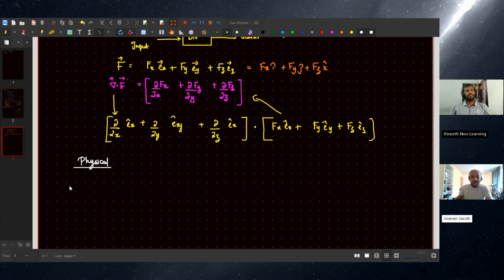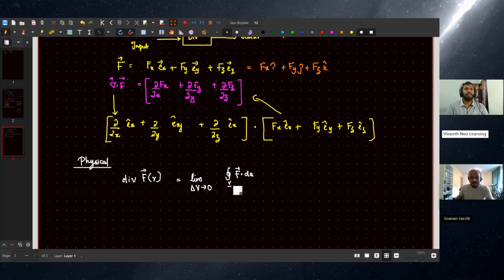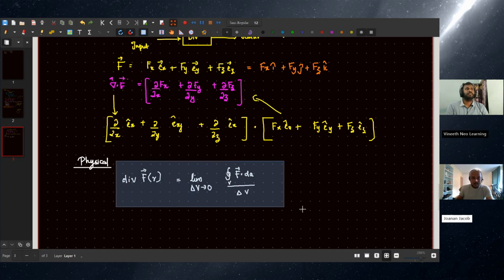According to that, the divergence of a vector F of r could be written as the limit as delta V tends to 0 of the closed integral over the surface of F dot dA, divided by delta V. Let me make it a little bit bigger.